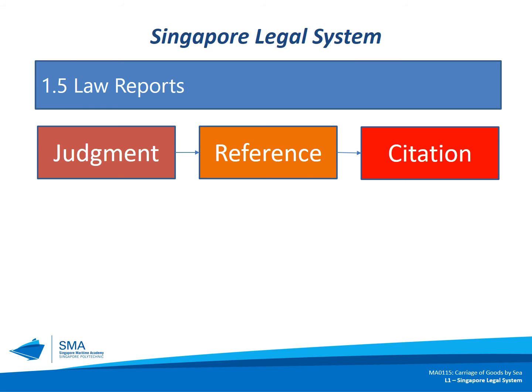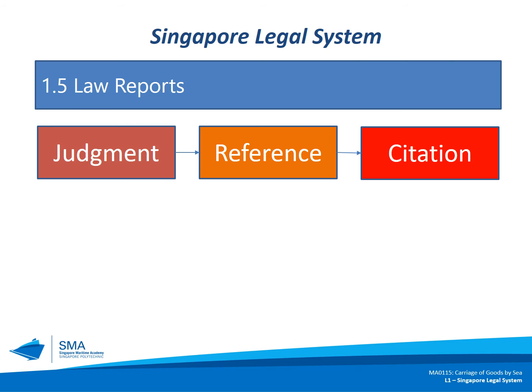Okay. Law reports. Just now we mentioned judgment, right? You may see the mention of law report. This law report is not about someone writing a report about law. It's actually a judgment. When a judge concludes the trial or the case in court, he usually writes a judgment. The judgment consists of his decision, who's right, who's wrong.